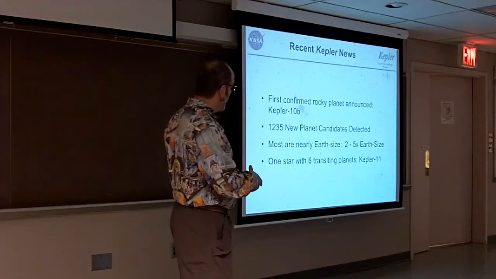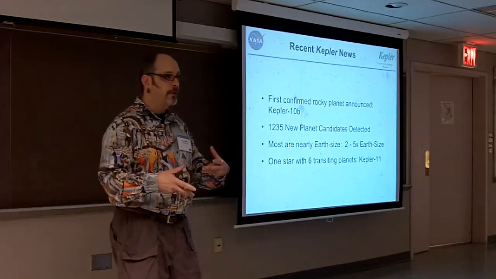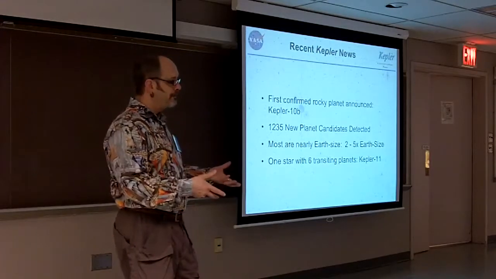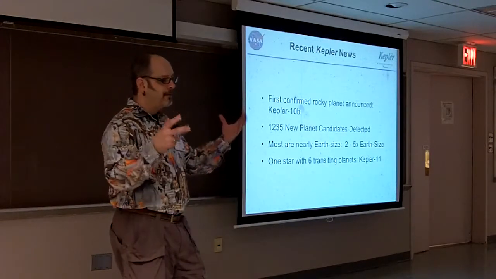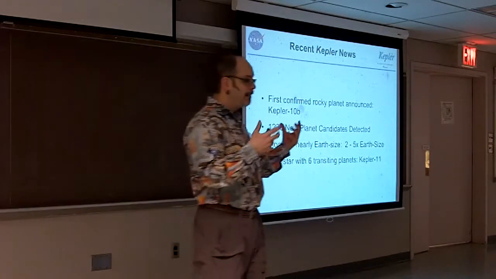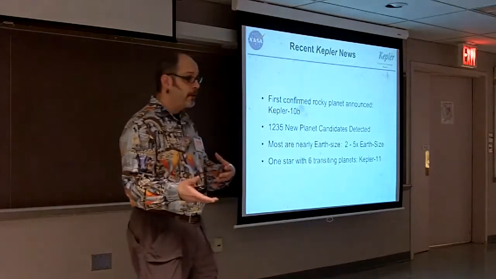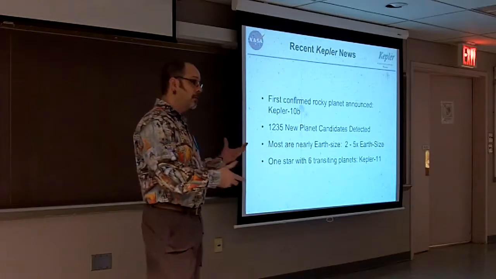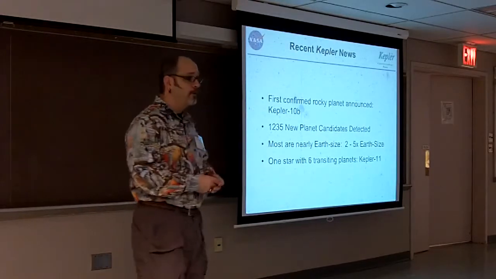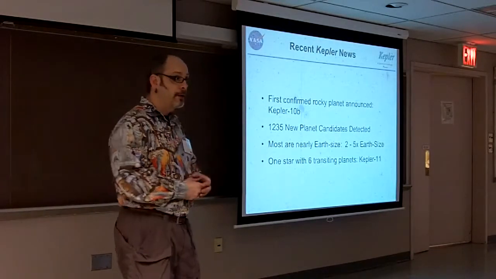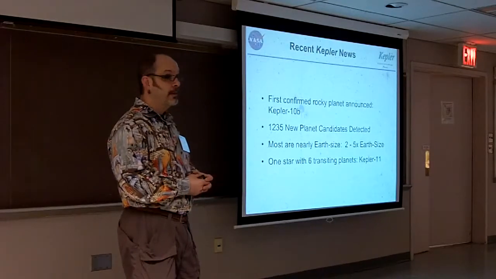And 54 are in or near the habitable zone of their star. So for the first time in history, we have a sample of Earth-sized planets, and we have a sample of planets in the habitable zones of other stars. So this is proving just, I think, the tip of the iceberg in terms of the watershed that Kepler is going to provide to the extrasolar planet community.